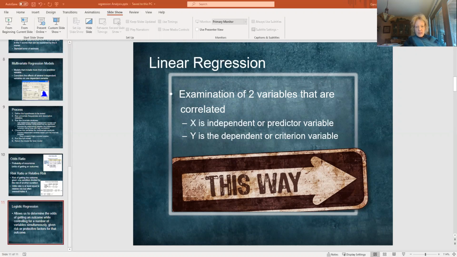That would be the presentation, and Y being the dependent or criterion variable, and that would be adoption of an intervention or the purchase of some program or something like that.